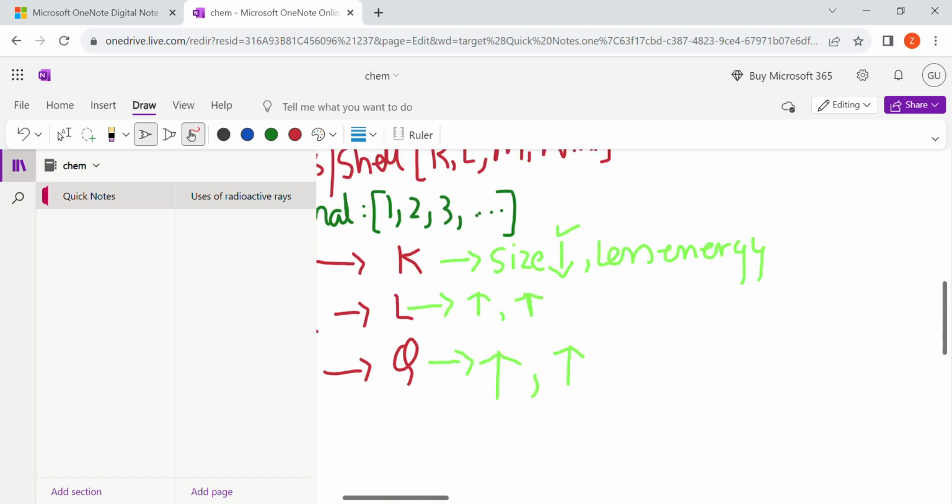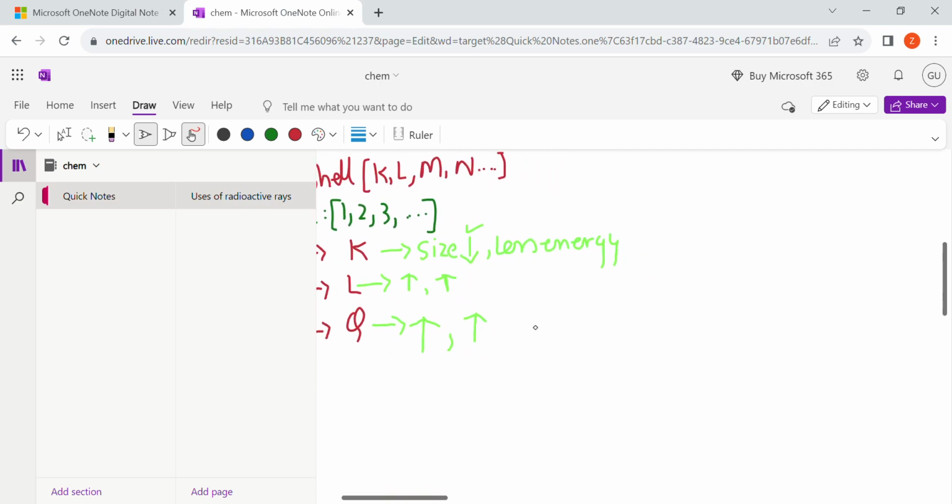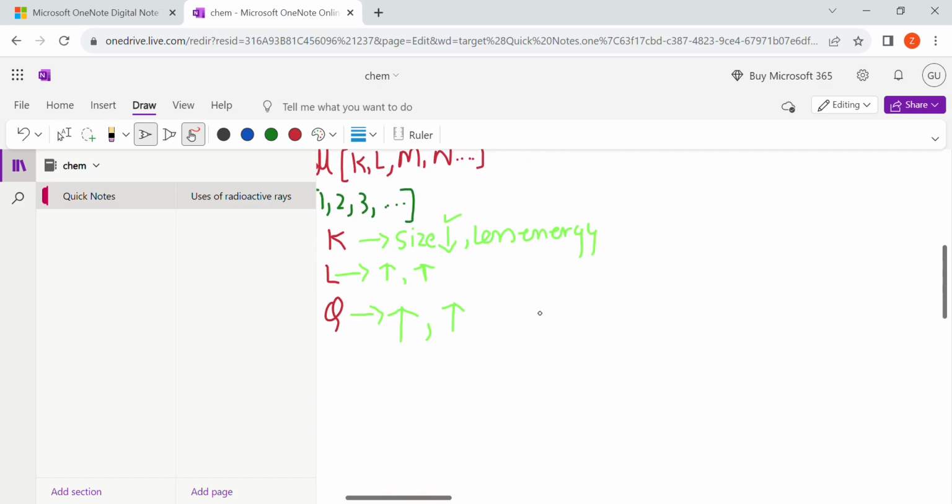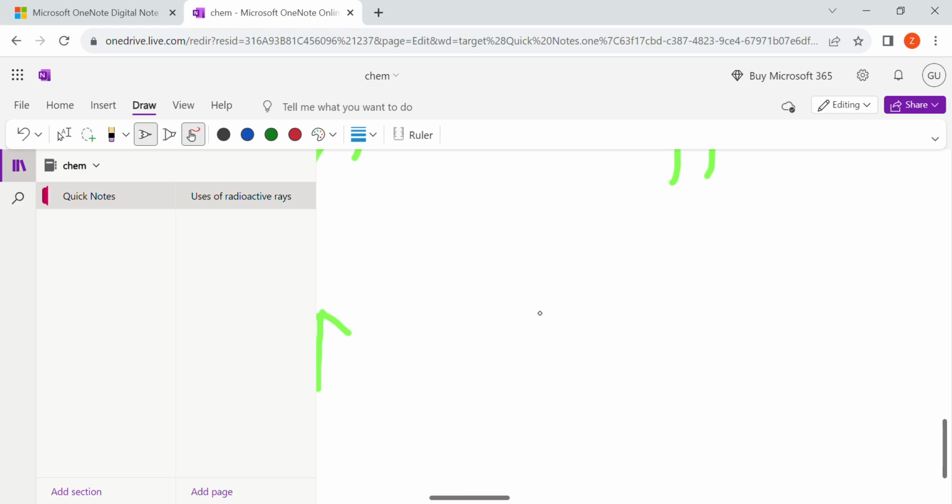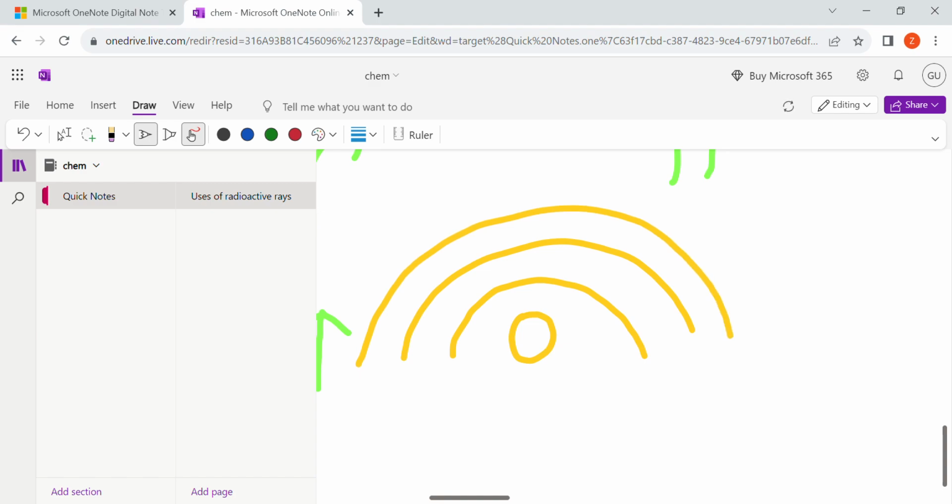One more thing to tell, that orbit को हम कैसे determine करते हैं. For example, I'm just gonna draw a basic structure of atom. That is n is equal to 1, and that is K shell.